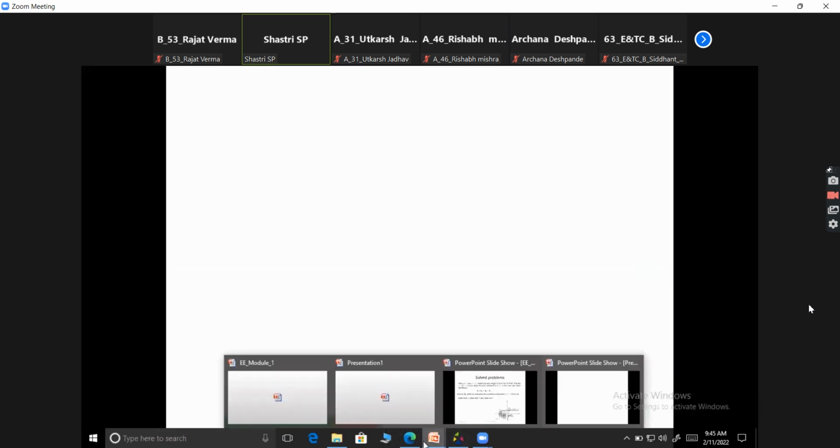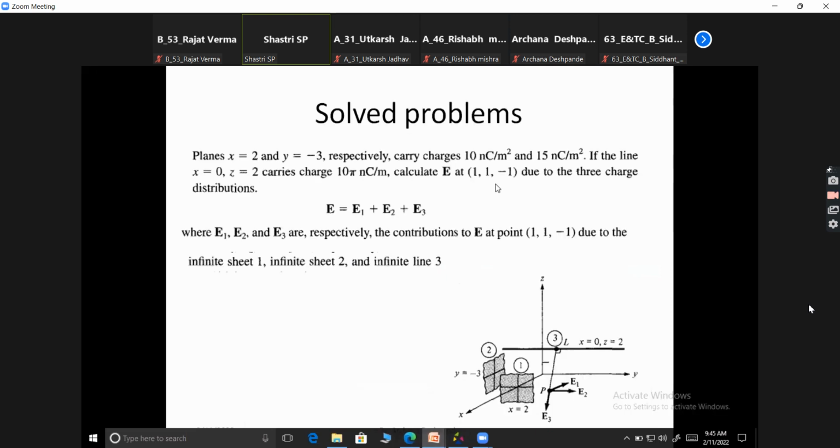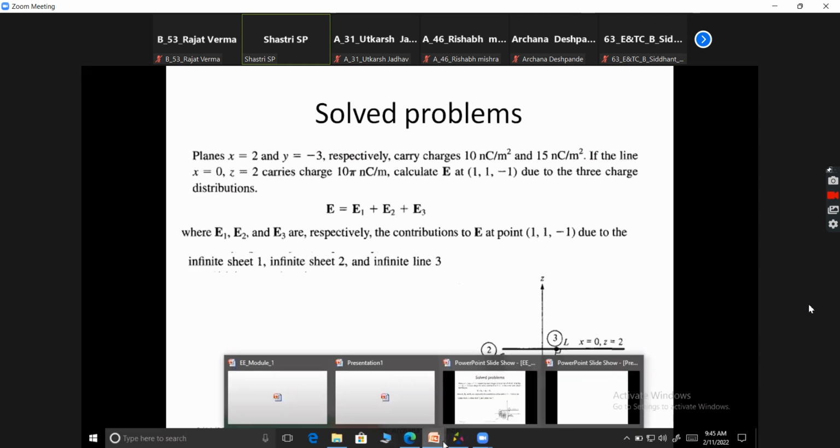Just do one thing. Note down these two values, because I will be using the tab now. Whenever I ask what is the value of the surface charge density, just let me know those values so that I can use them in the formula. Take a screenshot of this, or you can note it down.